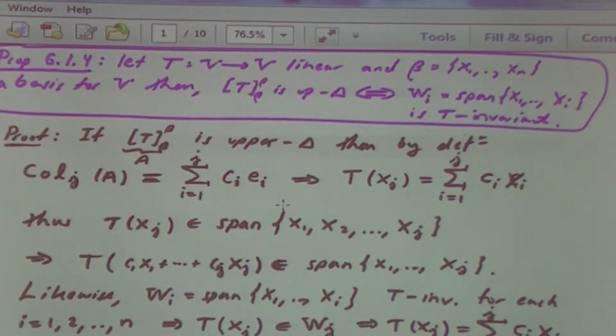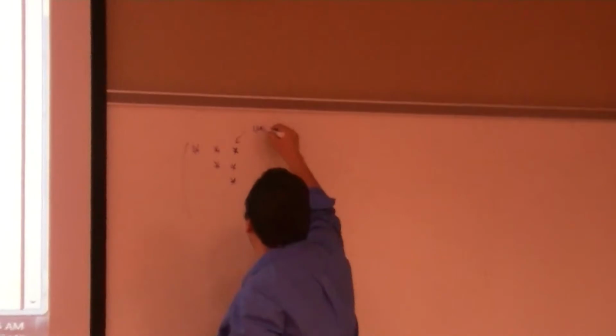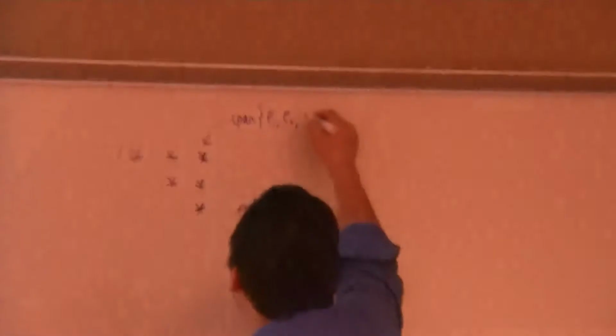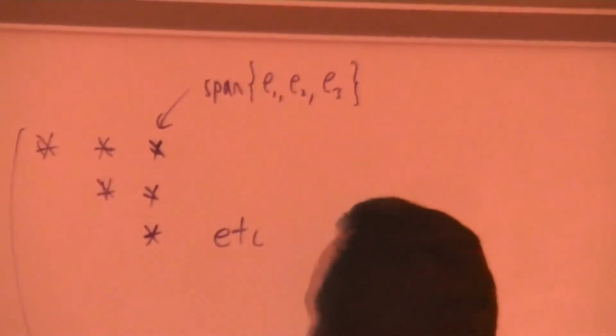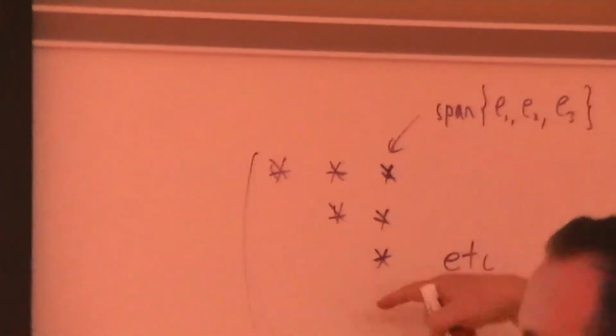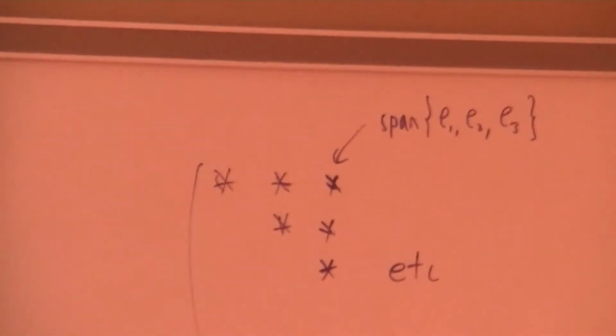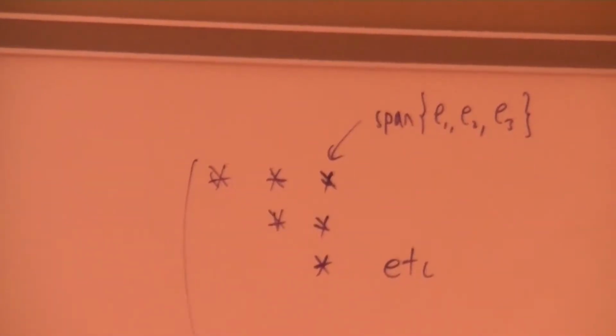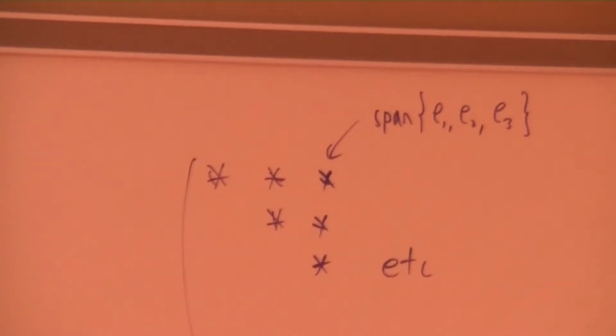So the third column, for example, is from the span of e1, e2, e3. You can build it from the sum of the first three standard basis vectors. The same holds for the jth column. That's what it means to be upper triangular, right?